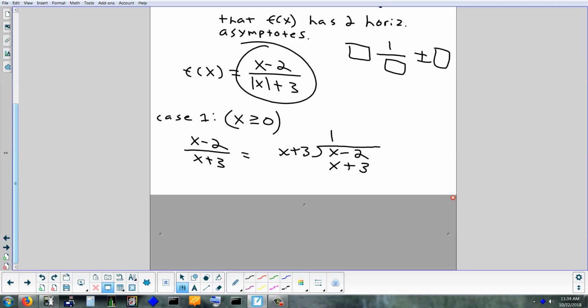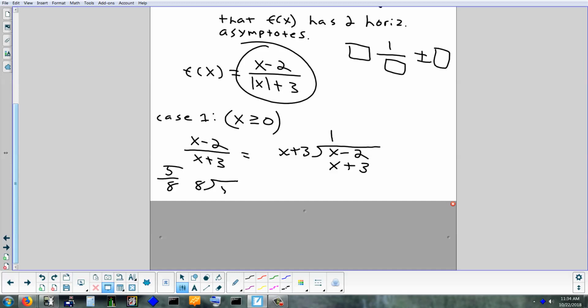Wait, did I set that up right? I always get mixed up when I write it as long division. So if you were dividing like 5 by 8, 8 would go on the outside and then 5. No, I did that right. So we're okay. Sorry.